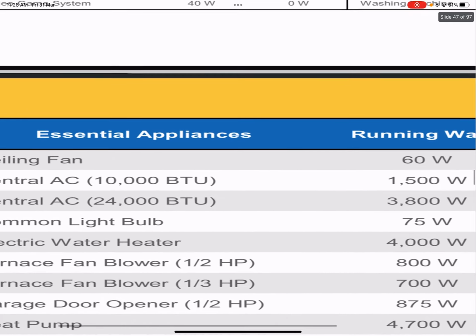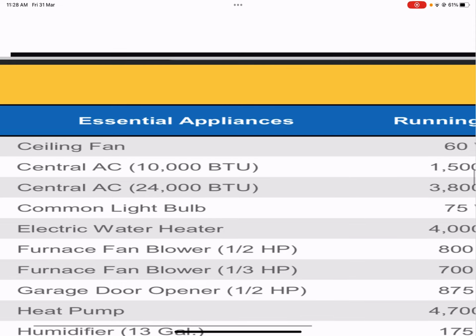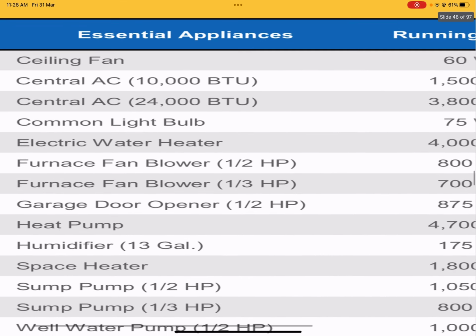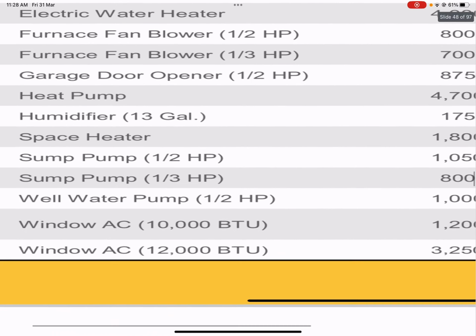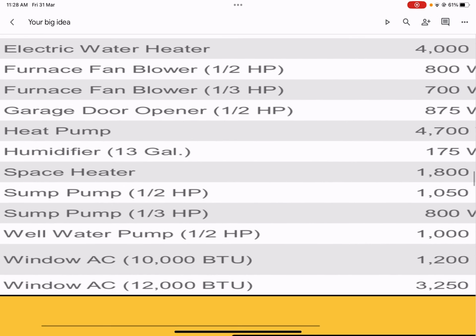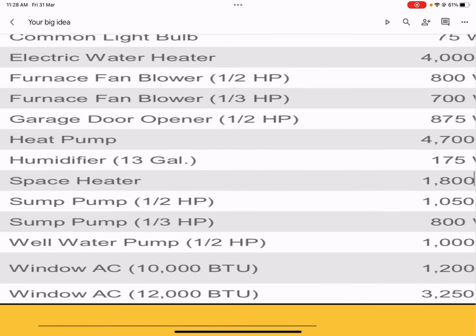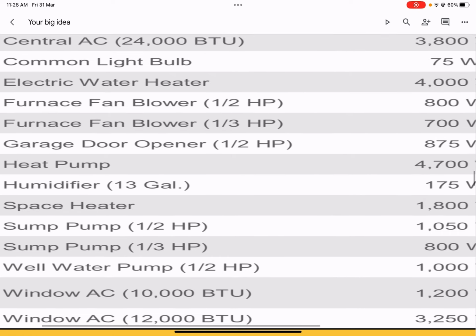Then there are heat pumps at some places. Space heaters are used depending upon where you are located climatically, right? A window AC might be used. A water pump might be used to pump the water, right? So all these are the common appliances.